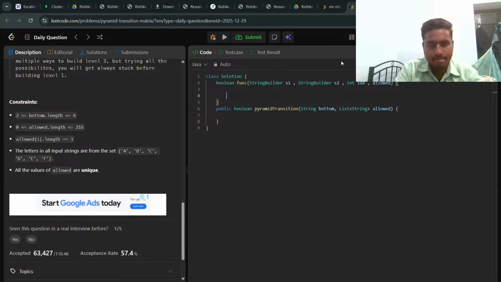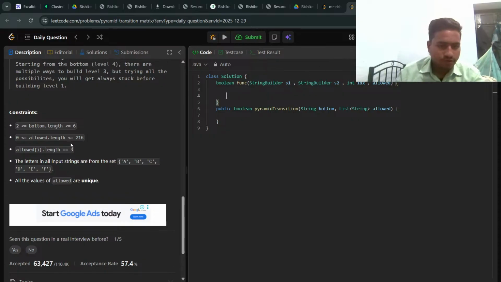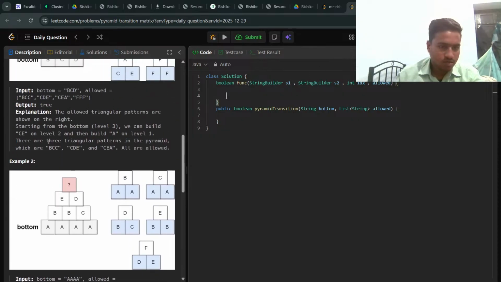How to find them? Trying to make a hash map.